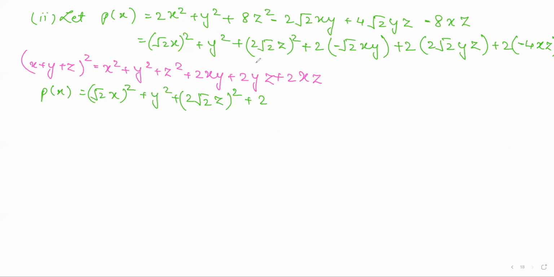Now here you have xy, here you have x into y. Since this is negative, either of the two terms has to be negative. X term is root 2x. So this is root 2x multiplied by y. Now understand which term has positive value. In the bracket, your second term has positive value, which means y and z both are positive. This one and this one both are positive, which means this one has to be negative, right?